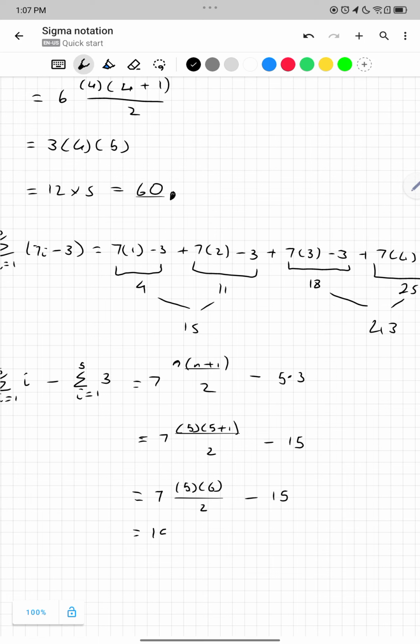So 15 times 7 minus 15. So we have 15 times 7 minus 1. We should have 15 times 6. We should have 90.